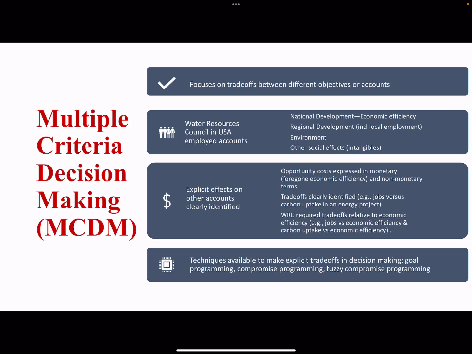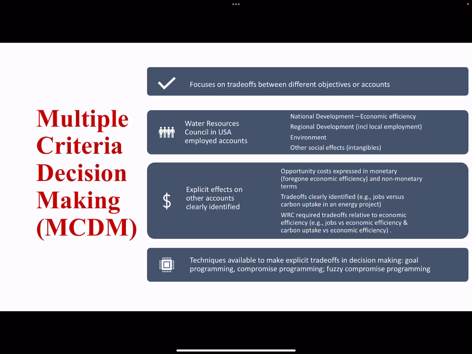So the Water Resources Council required trade-offs relative to economic efficiency, so not jobs versus something else, environment, for example, or jobs versus how much carbon uptake there was. All right, both of those accounts had to be compared to each other through the monetary values.